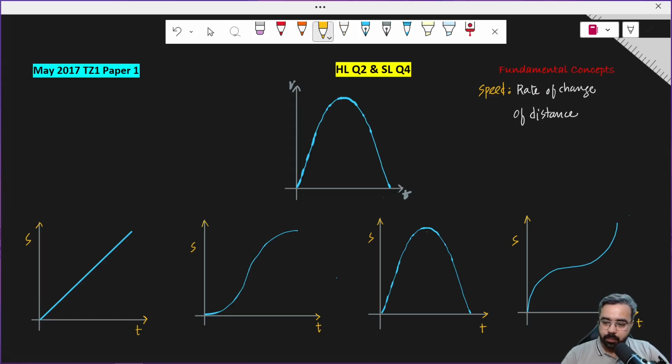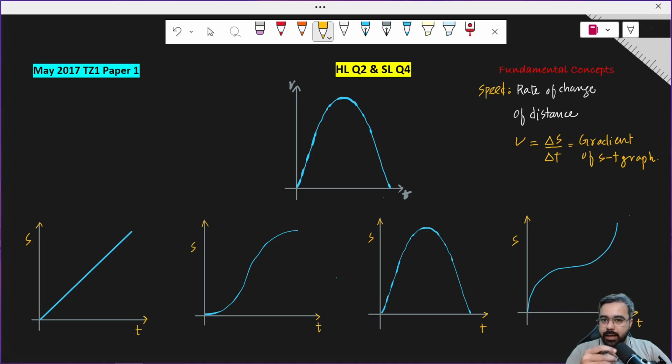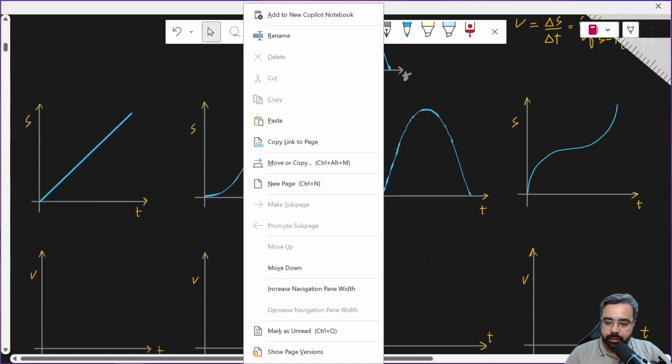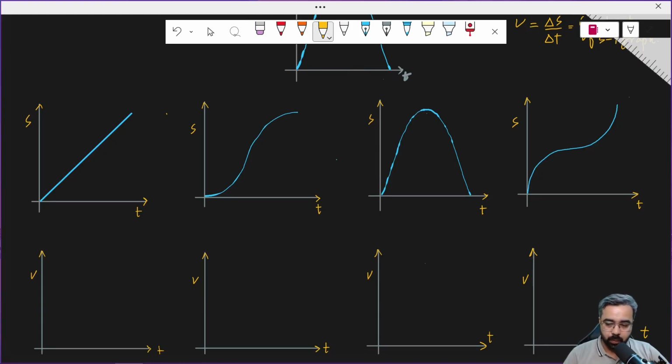So whenever we calculate the speed from the graph, it is basically delta s over delta t, which is the gradient of the distance time graph. So we will see which of the following graphs has a gradient that gives us that shape of graph. Let us see one by one.